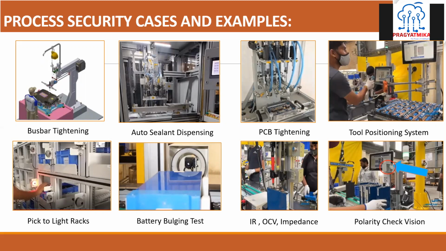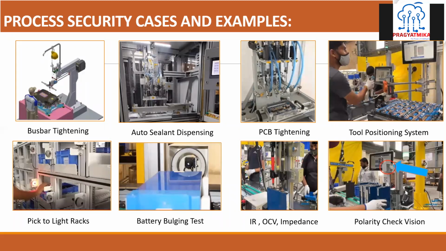Few use cases are the bus bar getting tightened on your battery pack, the BMS PCB getting tightened on your battery pack, and the tool positioning system. These are the kind of use cases which should be there, and can give a level of security to the complete manufacturing practice.